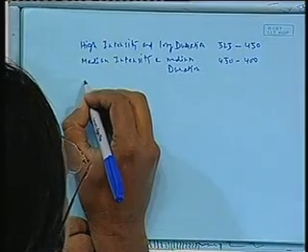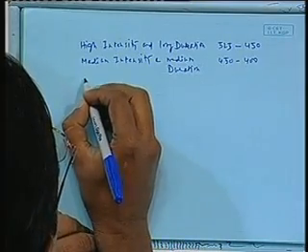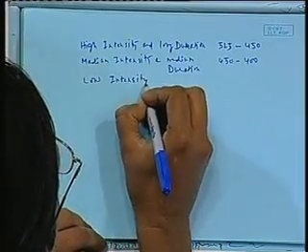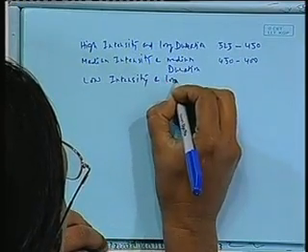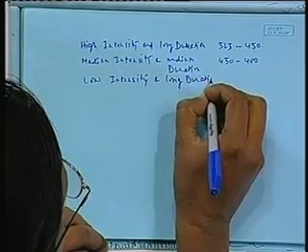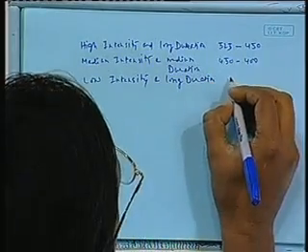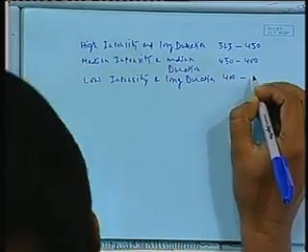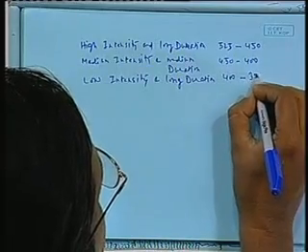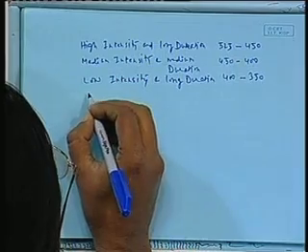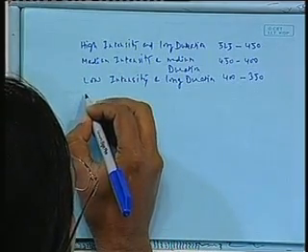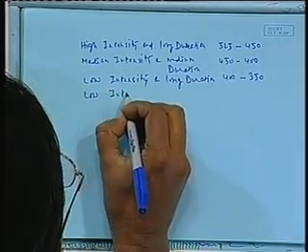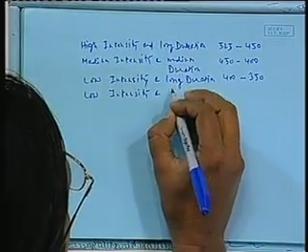Similarly, for low intensity and long duration, low intensity rain but for a long duration, in such cases we can have it between 400 and 350. Then there is low intensity and short duration.